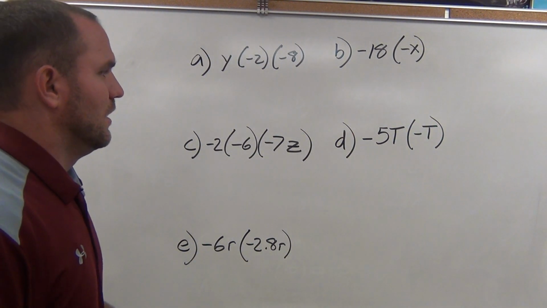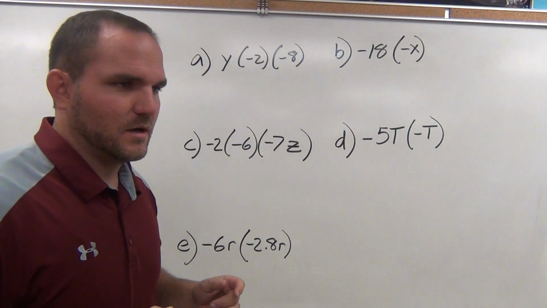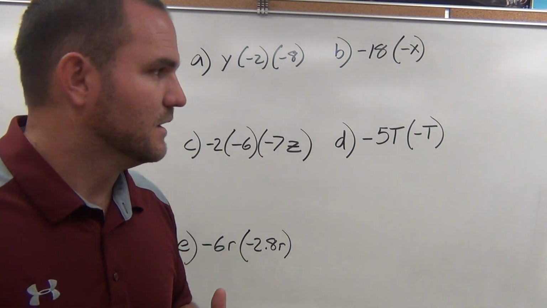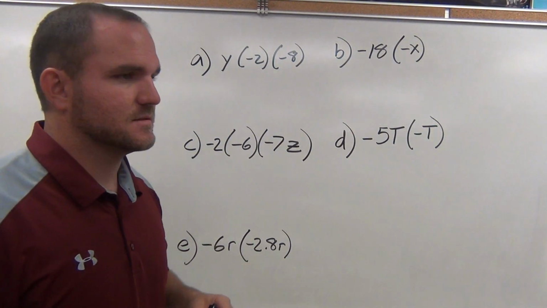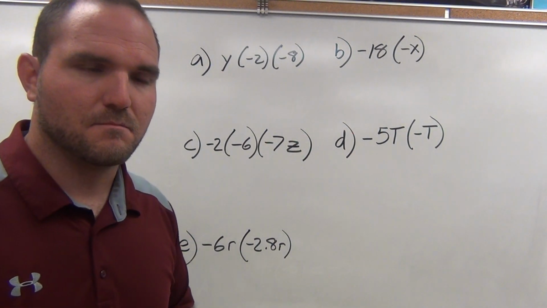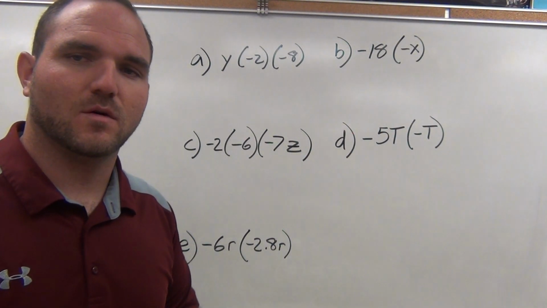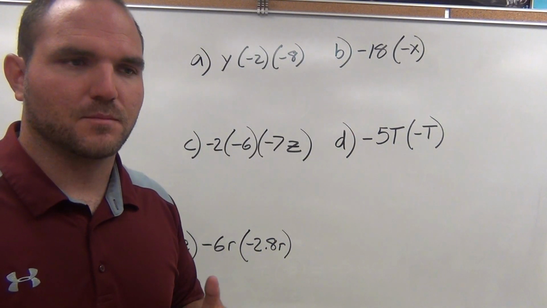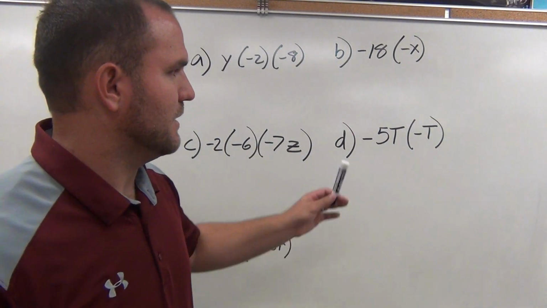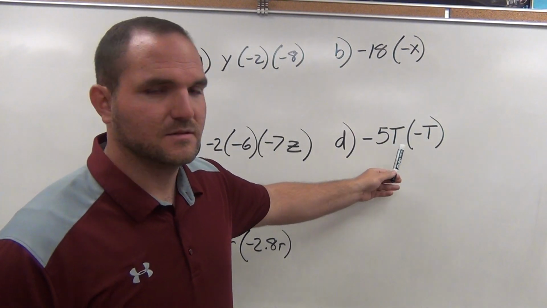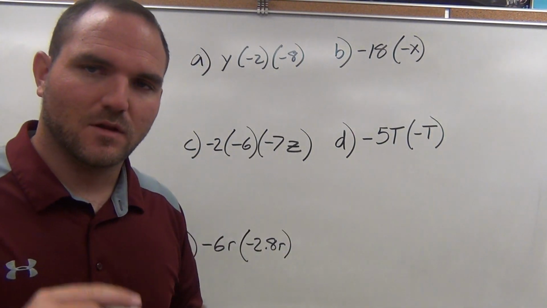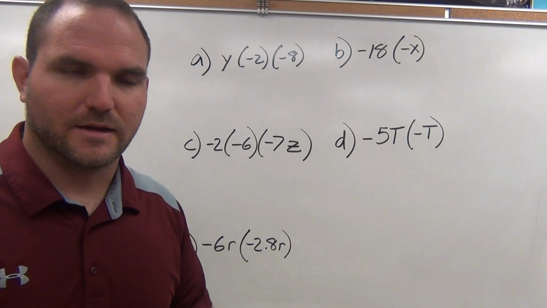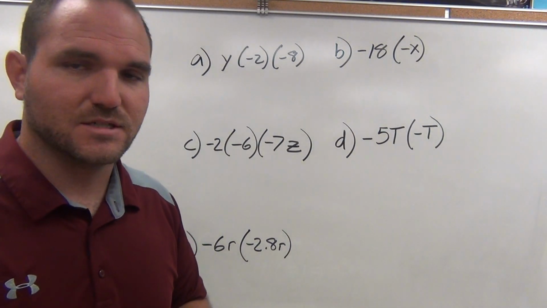Alright, so let's talk about a couple tips that I would pass on to you. One is when you have variables, make sure that they don't look like your other numbers or operations. So my thing about this is like t, if you do a lowercase t, sometimes that looks like a plus or an addition sign.